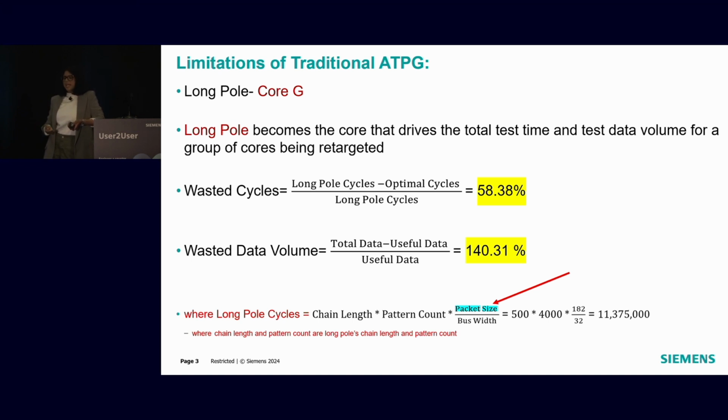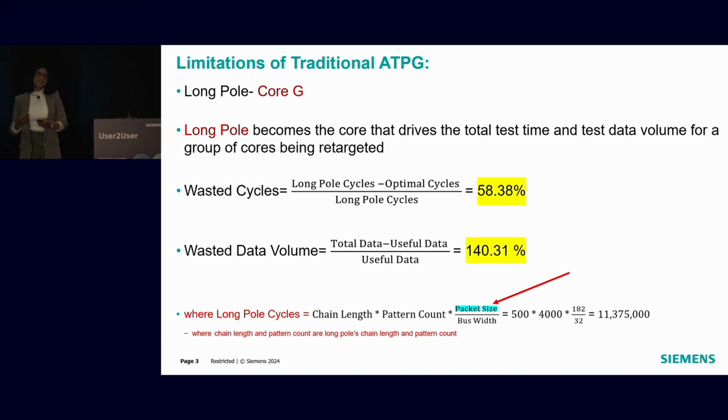Of course, we can, and that's why the concepts of compression came into being, right? But pattern count, if I'm targeting really high coverage for my cores, I'm not going to be able to reduce pattern count beyond a certain number. Bus width, once you have dedicated pins for test in your design, pretty much all these three factors become fixed factors in your equation. So what is it that I can do?